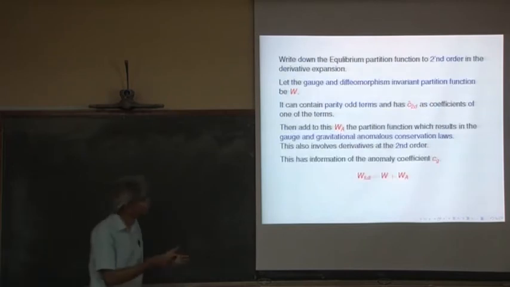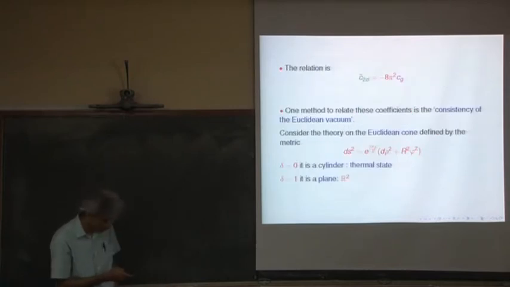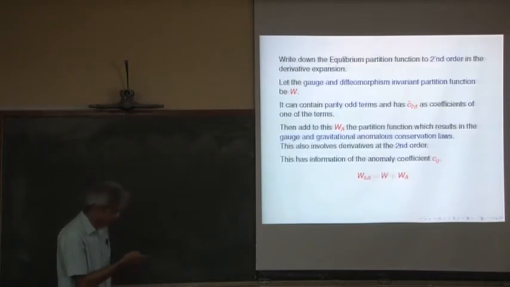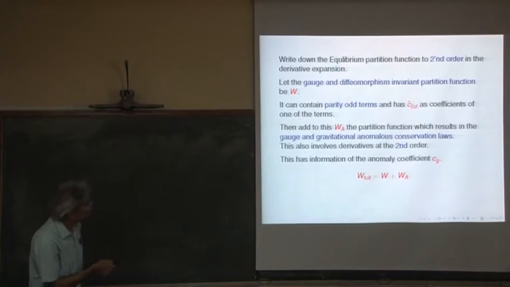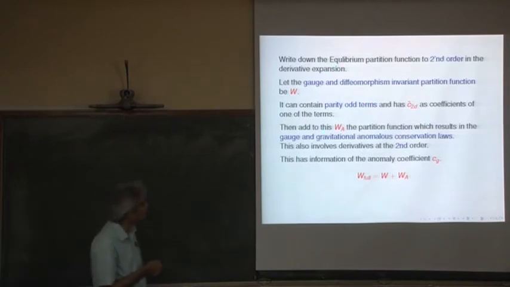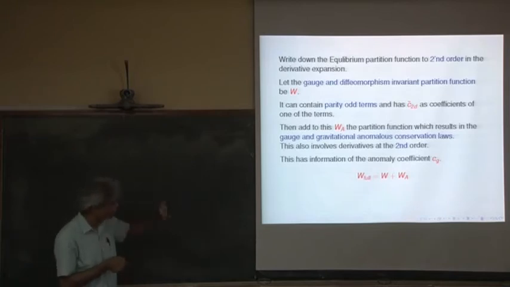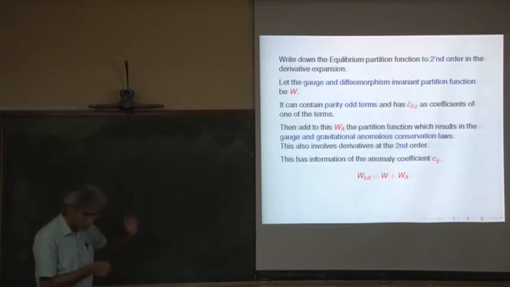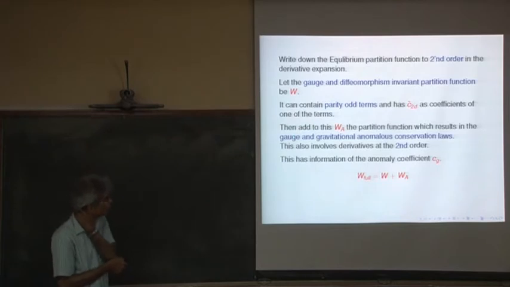And what you do is an adaptation of the equilibrium partition function method, as far as I can see. So you write down the equilibrium partition function to second order in derivative expansion, and let there be 2 parts to it. I'm just schematically telling the method discovered by Loganayagam and collaborators.